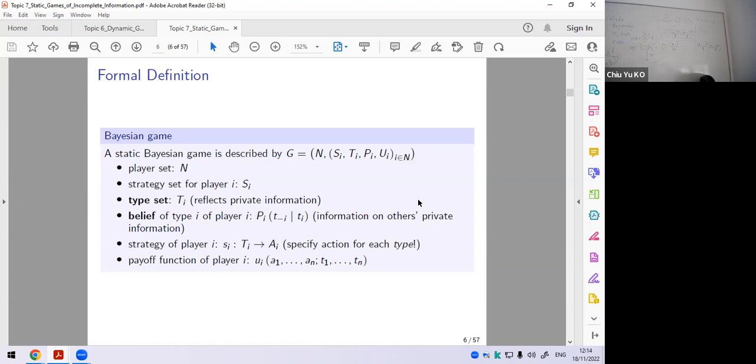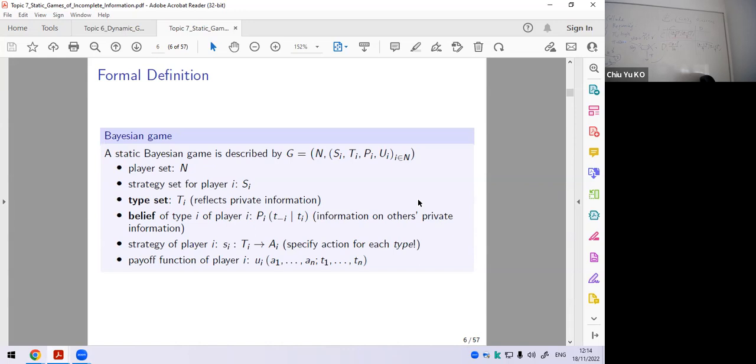It's very general, right? And your belief is derived from that, because you derive it from the common prior, the P. And your strategy, this is very important, depends on type. Although you only have one type, your strategy has to specify for all possible types.